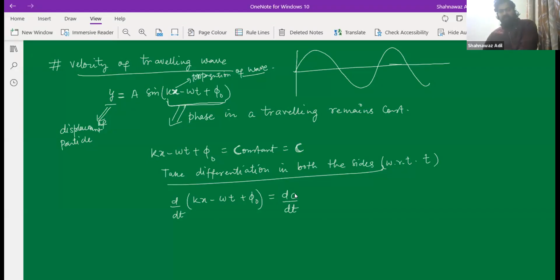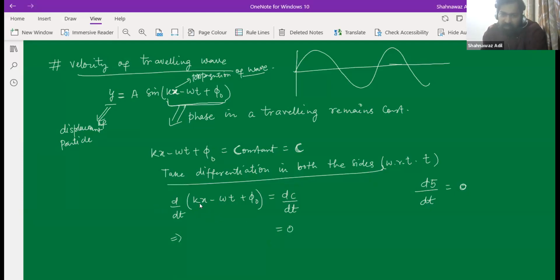What is the differentiation of a constant quantity? If we look back and remember differentiation, let's say 5. The differentiation of 5 with respect to time would be 0, because 5 is a constant number. So the differentiation of a constant is always 0, right?